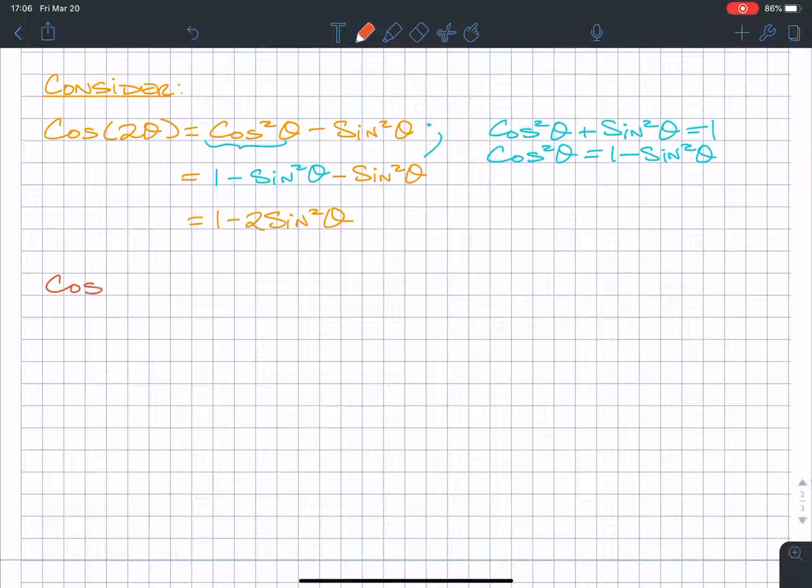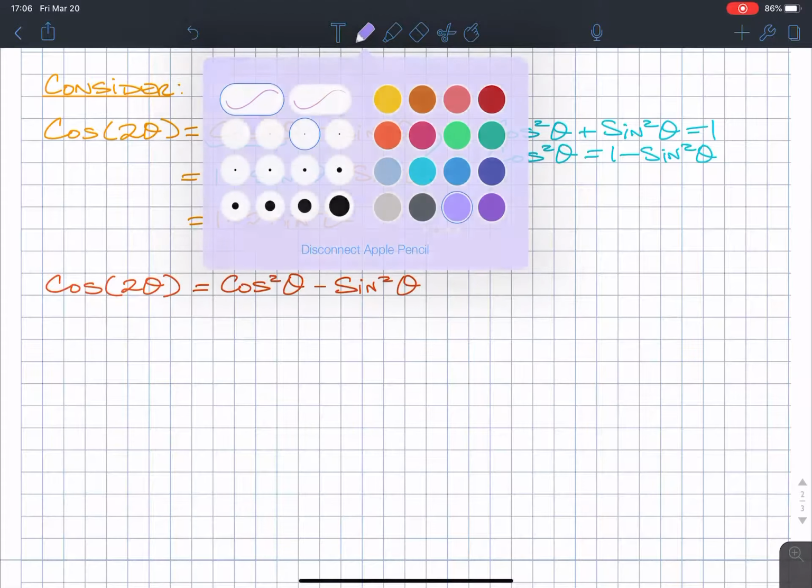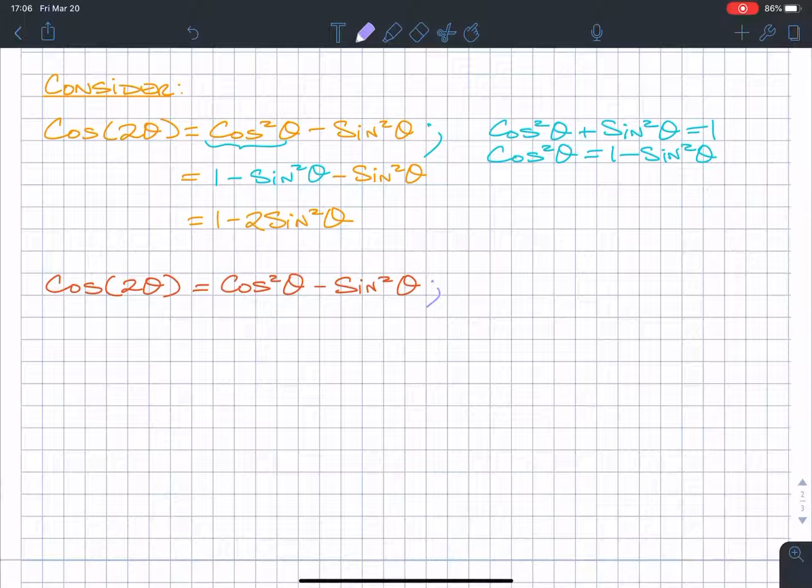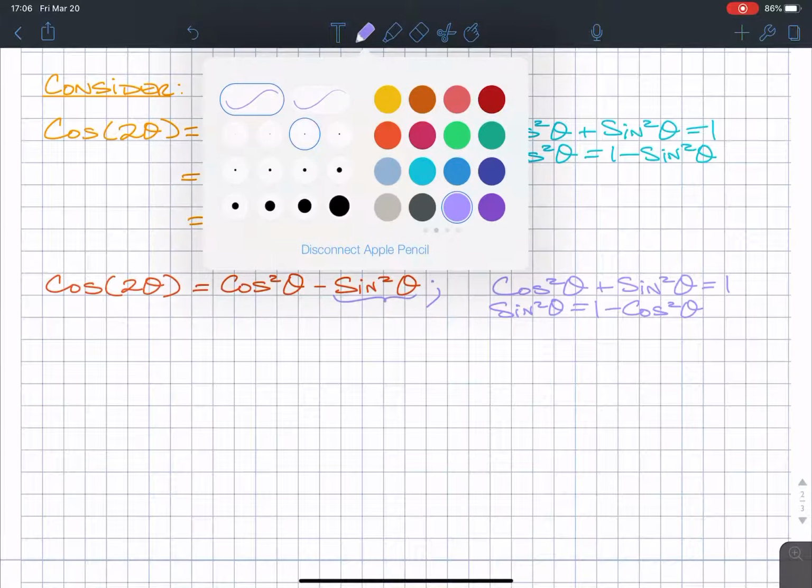Or I could replace sine squared. So once again, cosine of 2 theta is cosine squared theta minus sine squared theta. And I know that cosine squared theta plus sine squared theta is equal to 1, meaning that sine squared theta is equivalent to 1 minus cosine squared theta if I subtract cosine squared from both sides.